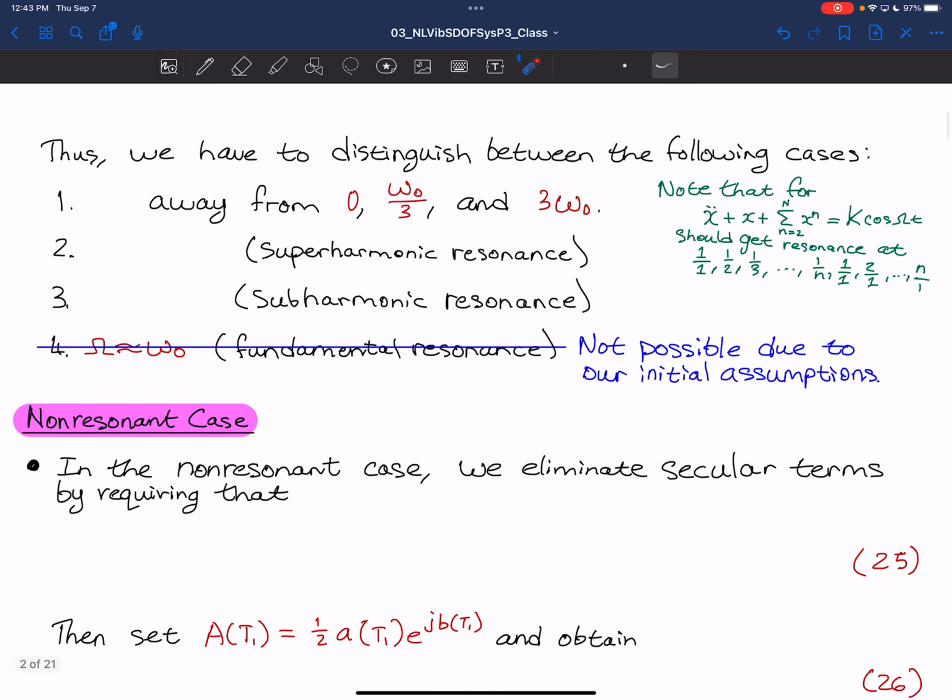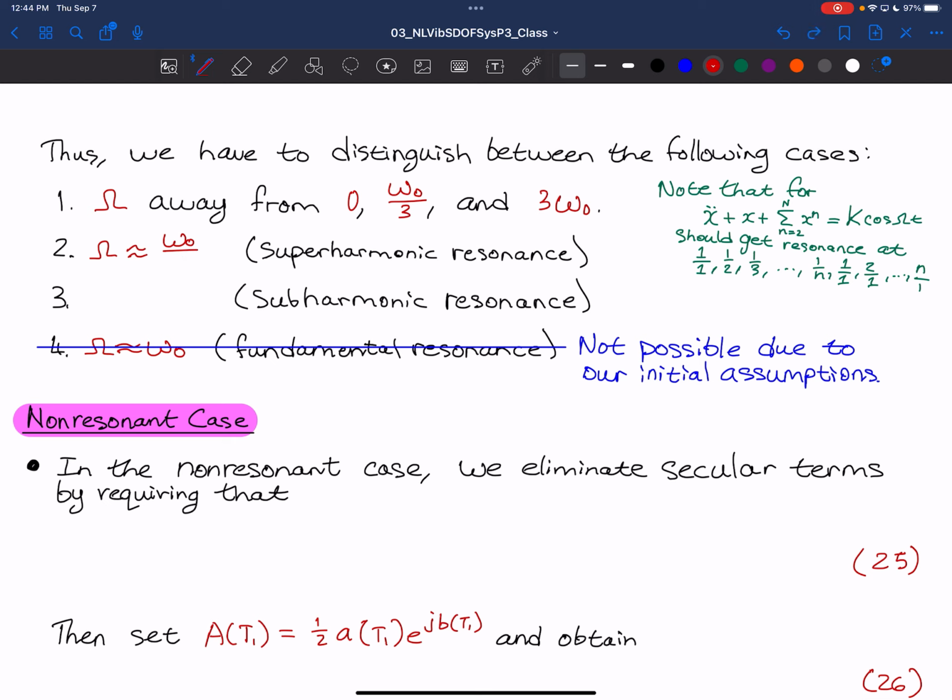Okay, so we have to distinguish between 4 different cases in our analysis, although really it's only three cases. First, we can have capital omega being away from 0, omega 0/3, and 3 omega 0. This is not a resonance term; this is just response away from resonance. The second case is when capital omega is approximately equal to omega 0/3.